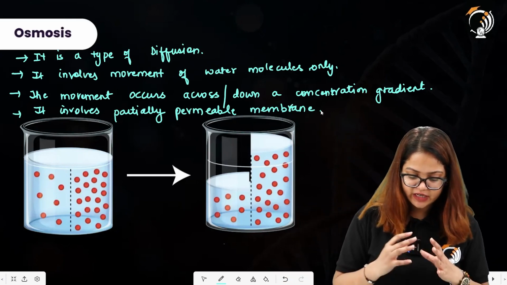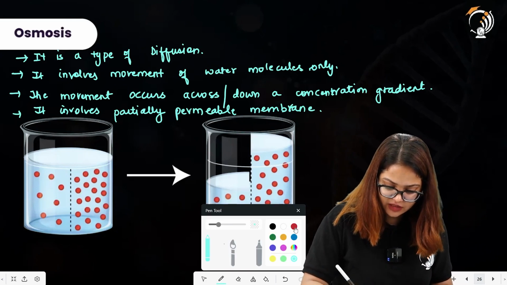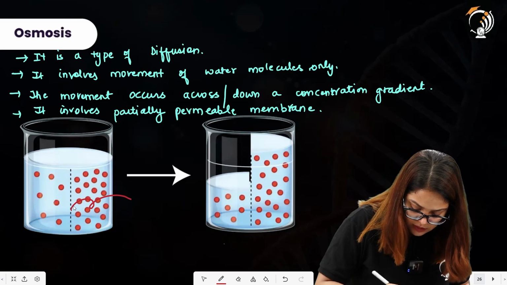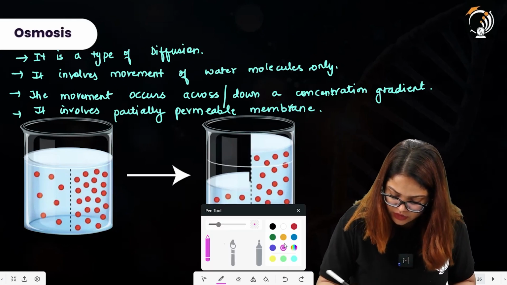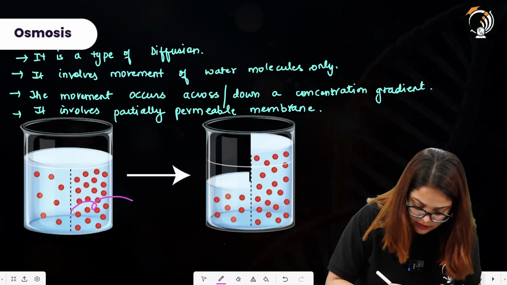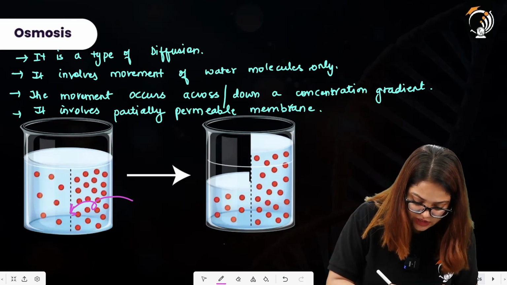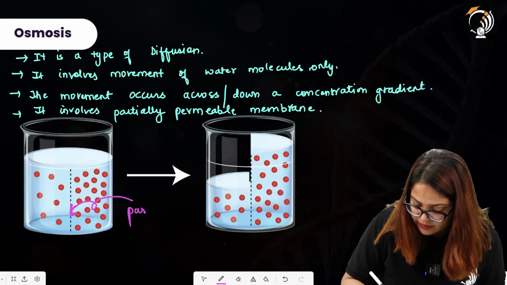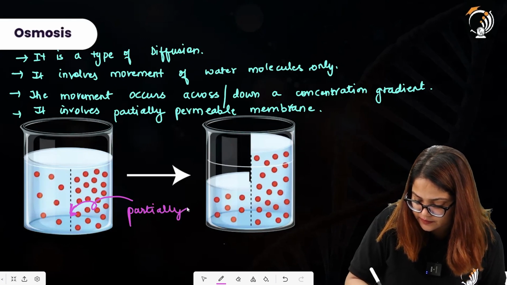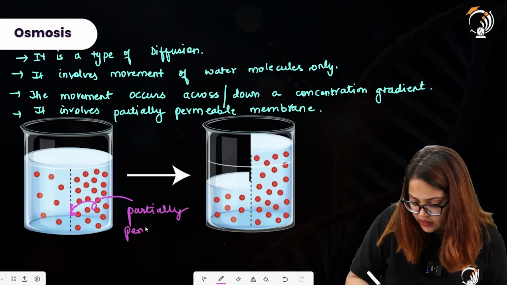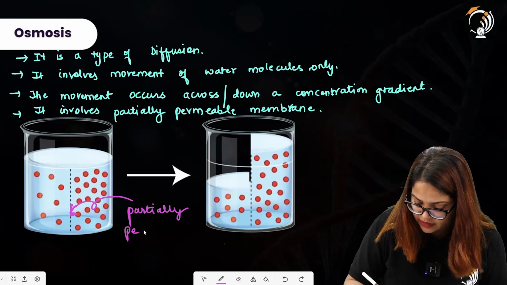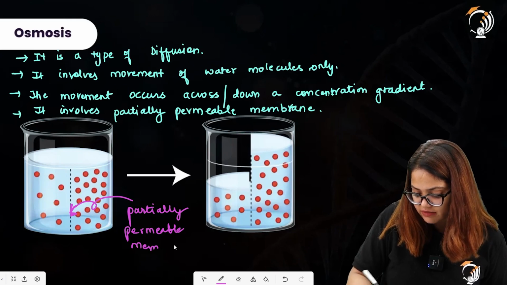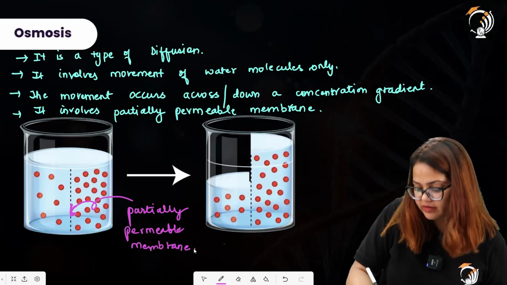Now we have the diagrammatic representation here. We have the beaker, and here we have this dashed line that represents a partially permeable membrane, or you can say semi-permeable or selectively permeable membrane.